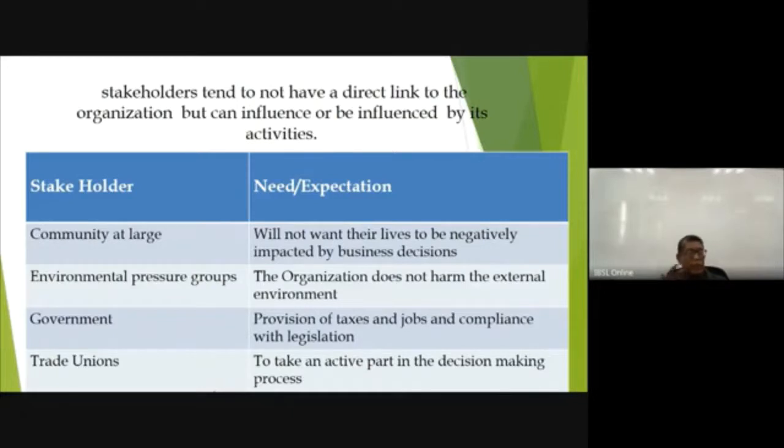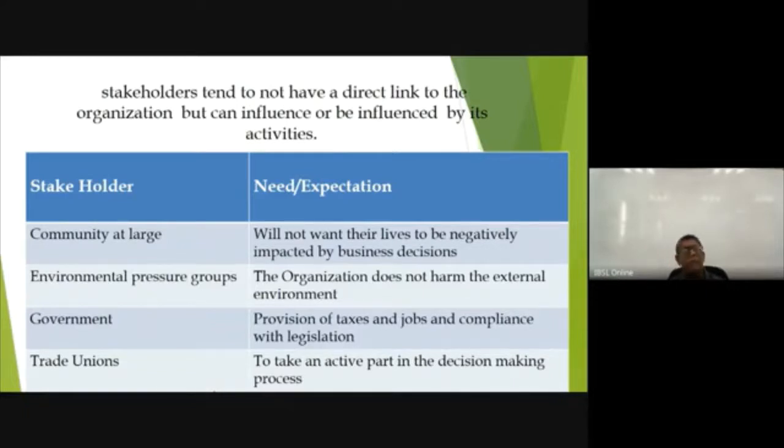So you see there are also some pressure groups. Who are pressure groups? People who put some extra pressure on organizations, like Oxfam. Then the government expects taxes, profit sharing, things like that, and also trade unions.